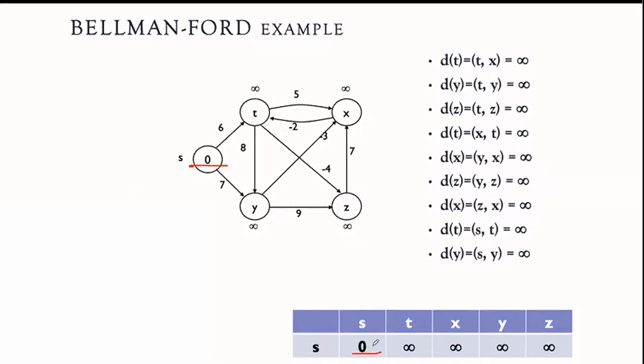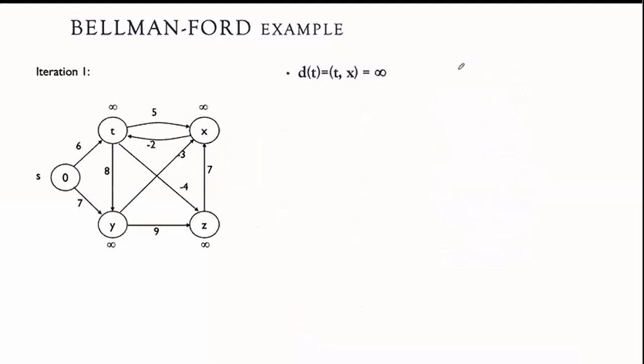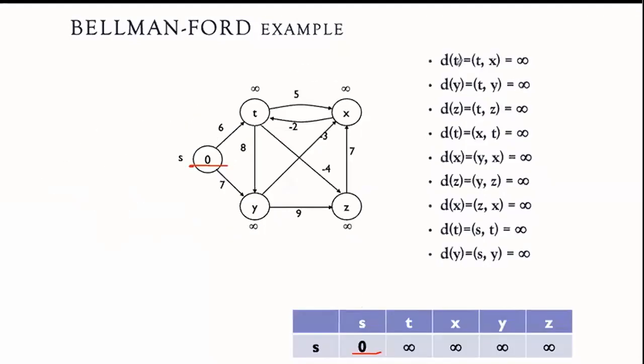From s we are going to start, and I have listed down all the edges that are present in the graph. See, edge t to x means it will give us the distance of x. Okay, it should be x, not t.